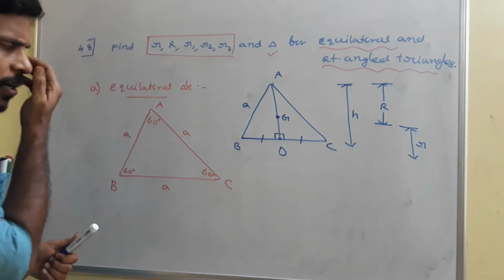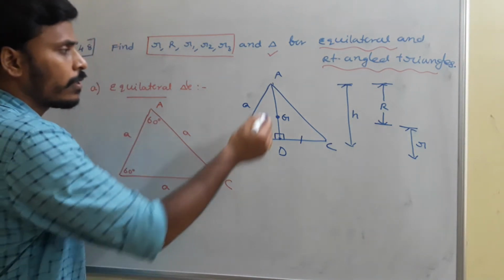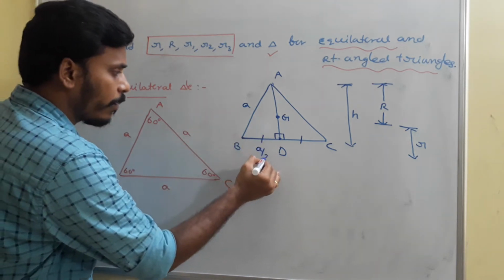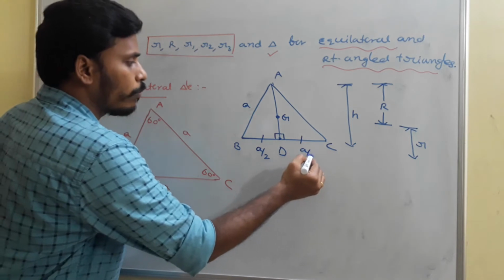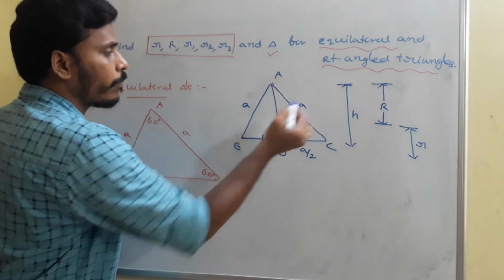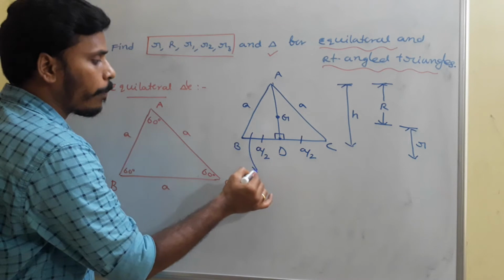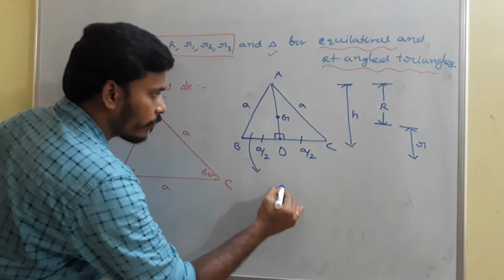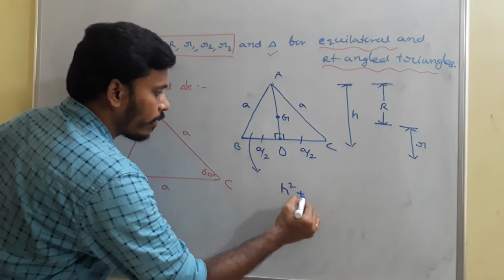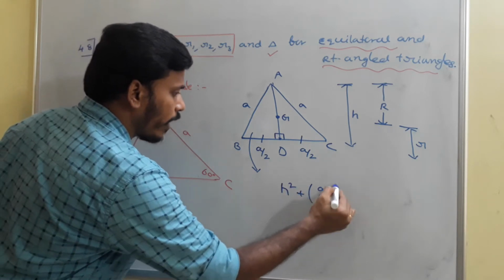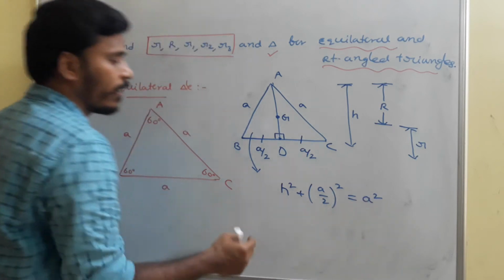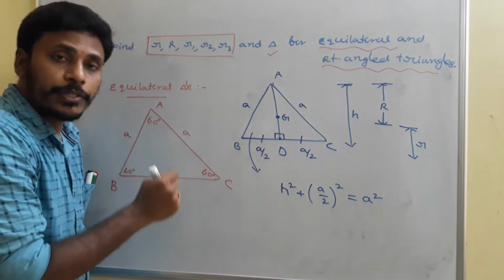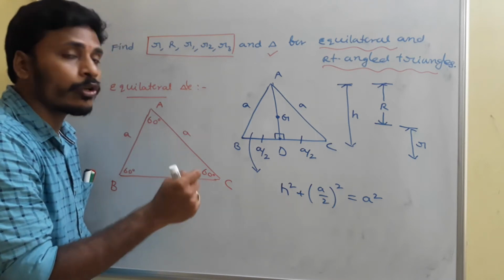If you calculate, what will happen? See, this is A and A, right? This is A and this is A by 2. This is also A by 2 because altitude and median are the same. For this triangle, if you apply the Pythagoras theorem, this is A by 2, this is H and this is A. So H square plus (A by 2) square is equal to A square.